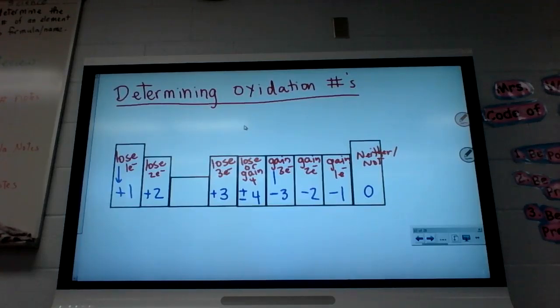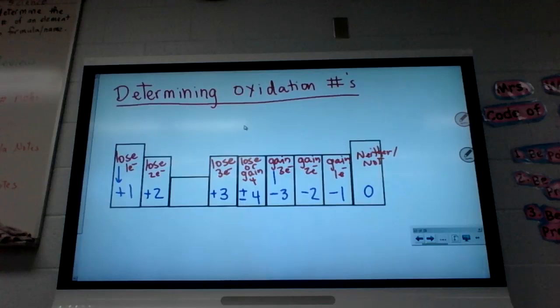They're the same thing. 20 protons. What do we know about protons and electrons? Najee, tell Tyler what we know about protons and electrons. They're the same. Okay.